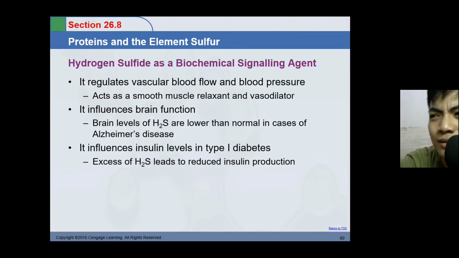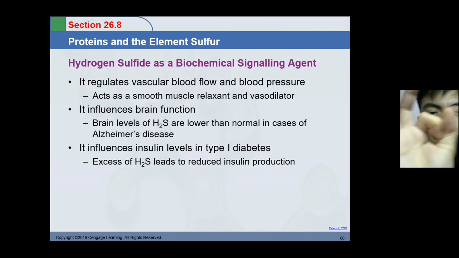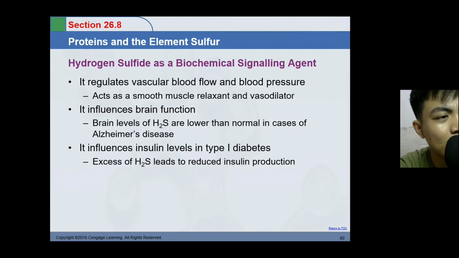So, there are many purposes of H2S, or hydrogen sulfide, such as it can help regulate our vascular flow and blood pressure. It can actually act as a vasodilator. Dilator means it loosens our blood vessels. It can also influence brain function.